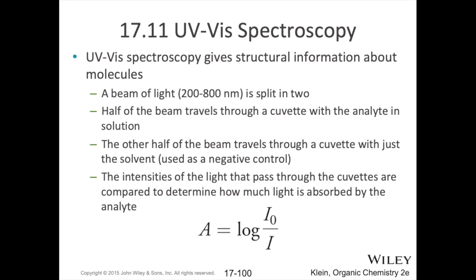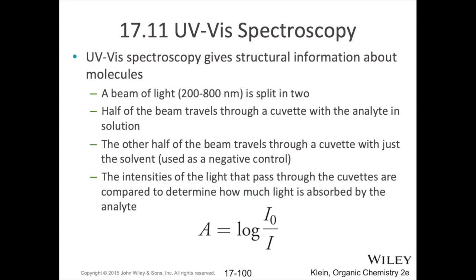The other beam goes through an actual sample. So you have a solution of the chemical you're trying to analyze, and both of these are in separate cuvettes. They're little cuboid-shaped glass vials. The light that's otherwise equal is going through these two different cuvettes, and the detector notices differences between them.